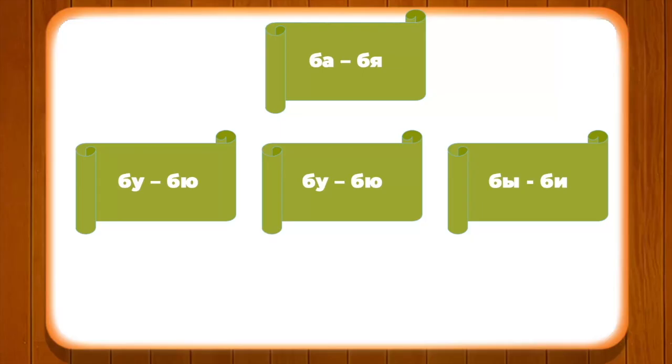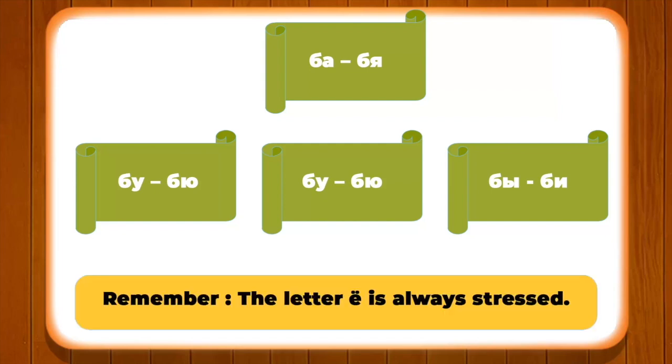Alright, so you have to be very careful about how to correctly understand the sound which is being pronounced here, and as a rule that you should remember, the letter ё, which is a vowel, will always be under stress. So the letter ё is always stressed, please remember.